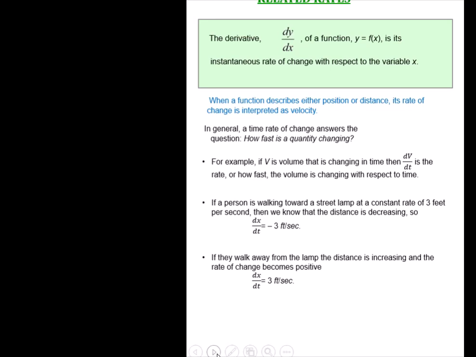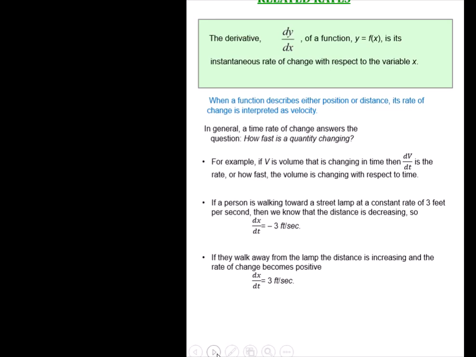Okay, here's another scenario. If a person is walking towards a street lamp at a constant rate of 3 feet per second, then that's the rate at which the distance is changing. The distance x that the person is from the street lamp.